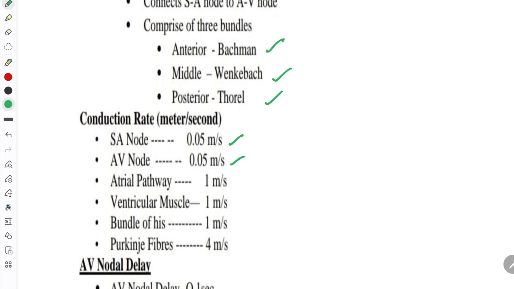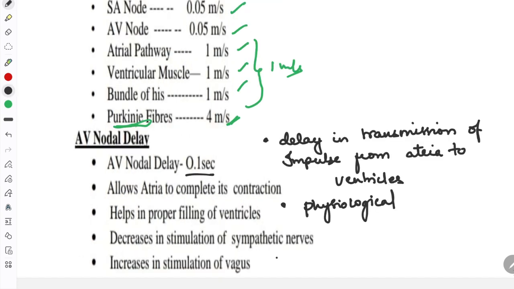The highest conduction rate is for the Purkinje fibers, because these are minute fibers with lesser length, so they are responsible for the highest conduction rate. So the fastest conduction is carried out by which of the following? That is the Purkinje fibers. And the atrial pathway, ventricular muscle, and the bundle of His have the same conduction rate, about 1 meter per second.